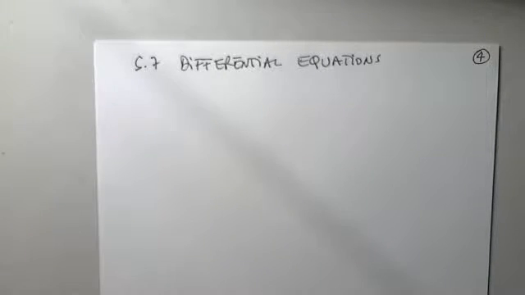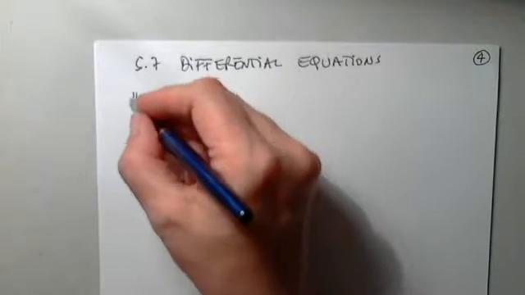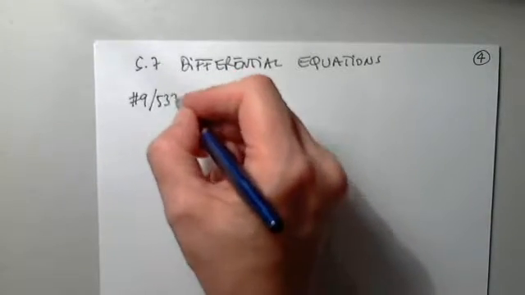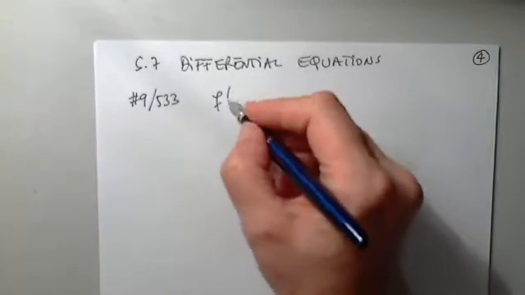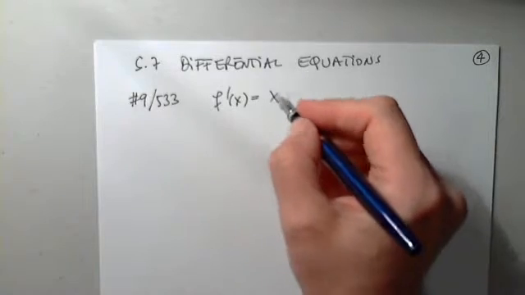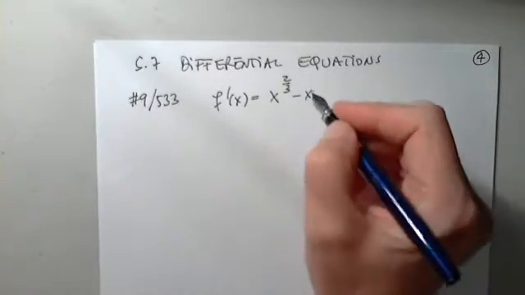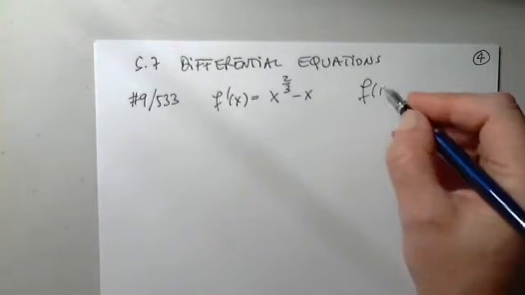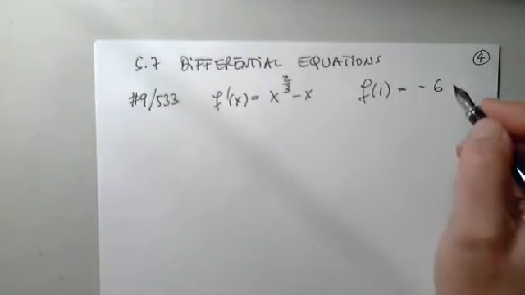On page 533, I would like to start with, let's say, problem 9. We are given that f prime of x equals x to the 2/3 minus x, and we are told that f of 1 equals -6.